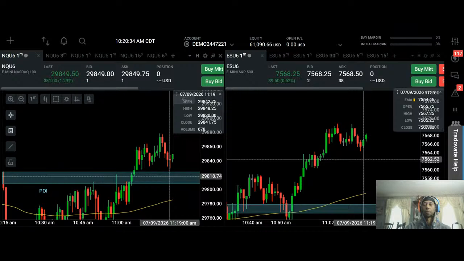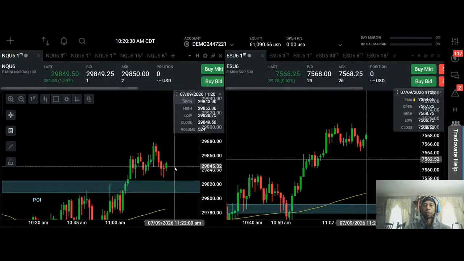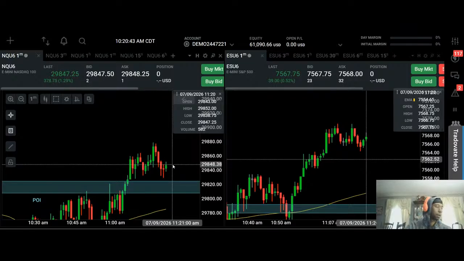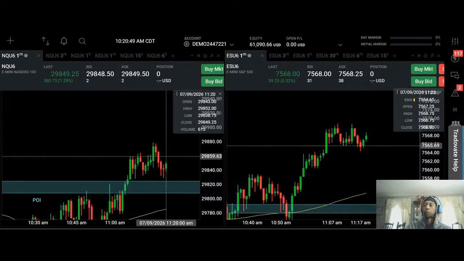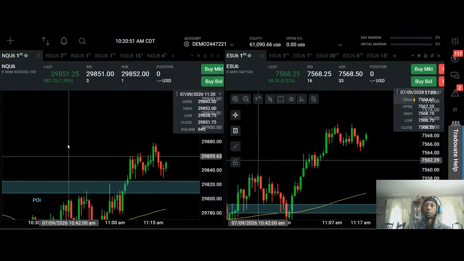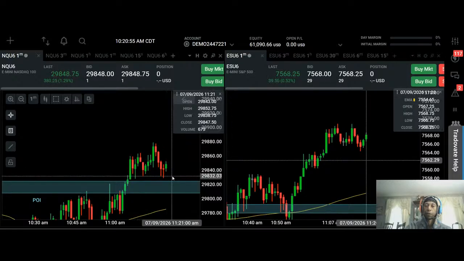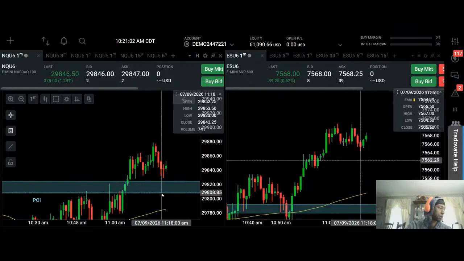Yeah, I definitely need a tap back in the box if I'm going to re-enter, bro. It's coming back too close to it not to tap into this box, dude. So now we're waiting for the 11:23 candle if it wants to tap back into the box.